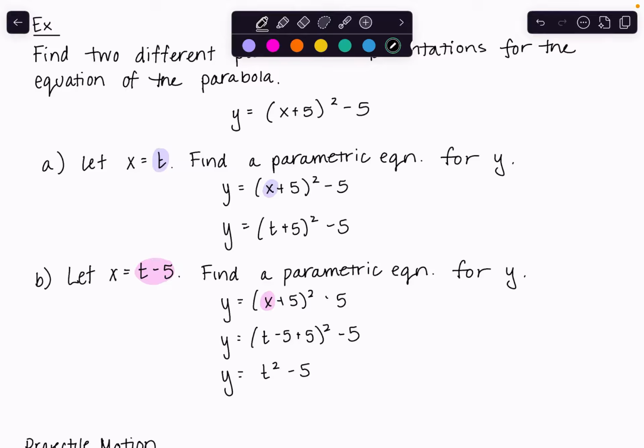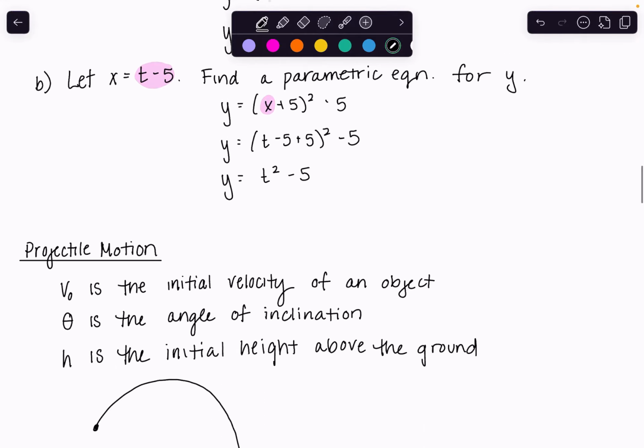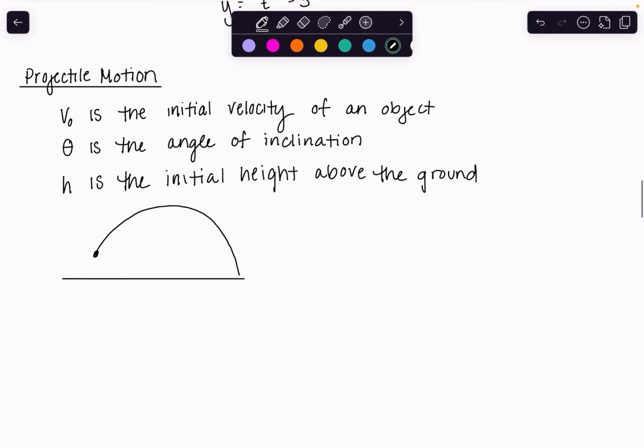The last thing we're going to talk about with parametric equations is a real life example, which is projectile motion. If you think about throwing anything, or a rocket launching, or shooting something from a slingshot, it goes up for a bit, but then it has to come back down thanks to gravity. So there are three things that define this projectile motion, but they all have that same shape.